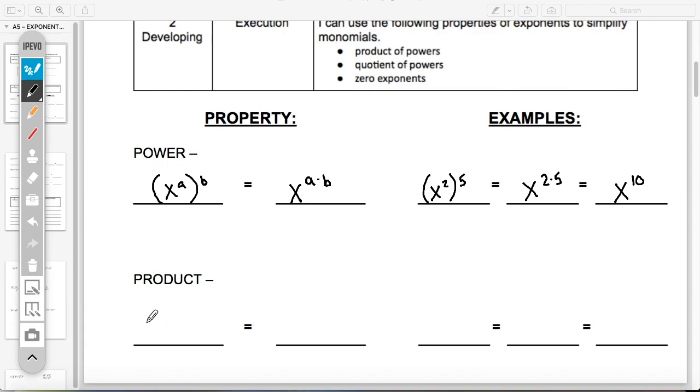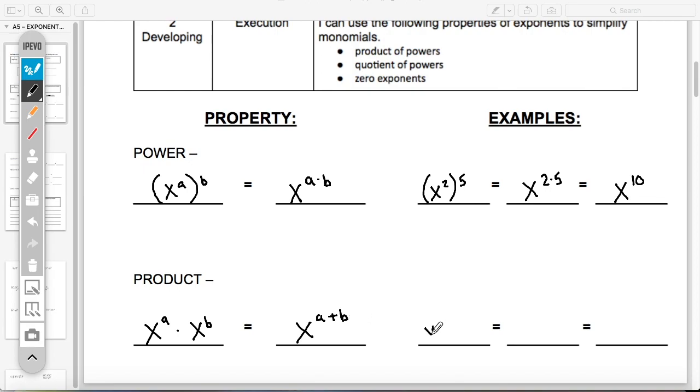Here we have 2 powers being multiplied. So we have x to the a times x to the b. Okay, as it turns out, this equals x to the a plus b. So let's look at an example.